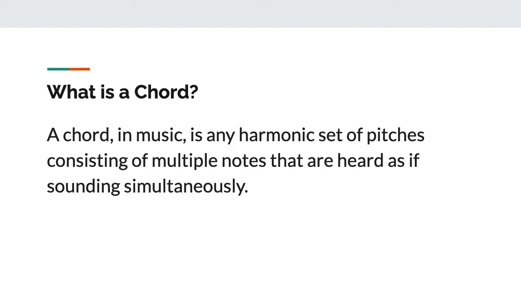So what is a chord? A chord in music is any harmonic set of pitches consisting of multiple notes that are heard as if sounding simultaneously. So instead of hearing this, you're hearing it at the same time.